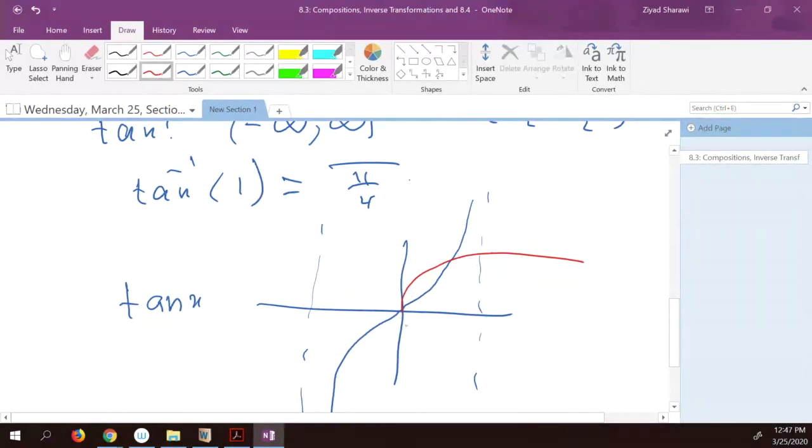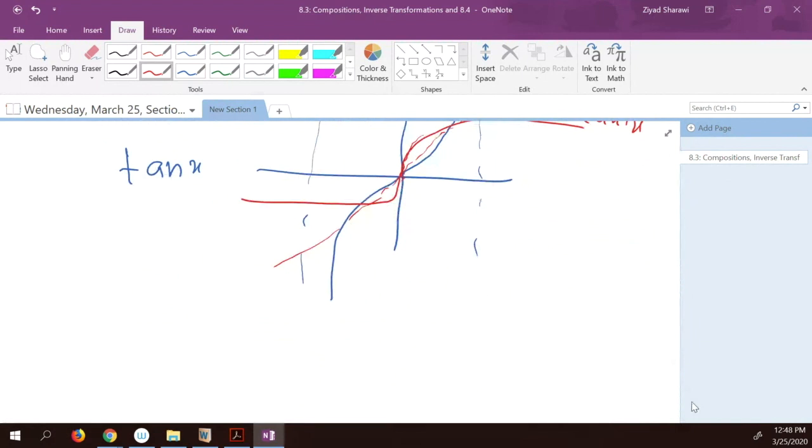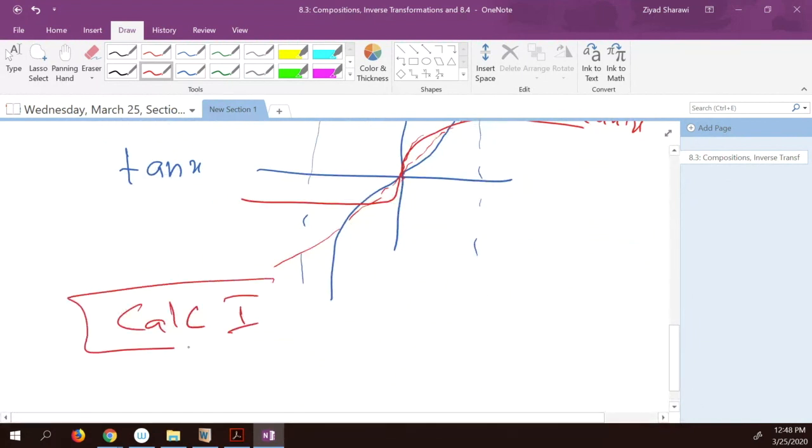So this is tangent x, this is tangent inverse of x. And you know here, this is symmetric or mirrored around y equals x. All right, so this is calculus 1. I'm quickly here reminding you of that.